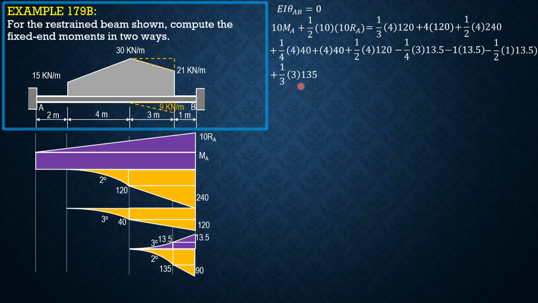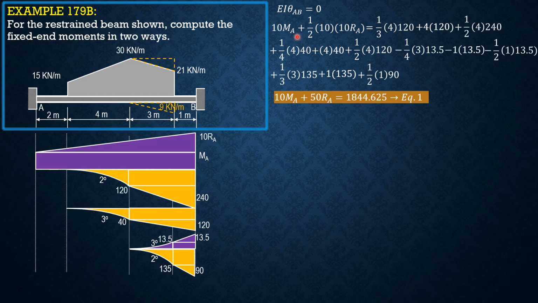For this rectangle, 1 times 135 plus 1 times 135. And lastly, for this triangle, 1/2 of 1 times 90. So simplifying, 10 MA plus 50 RA equals 1844.625. Call that equation 1.